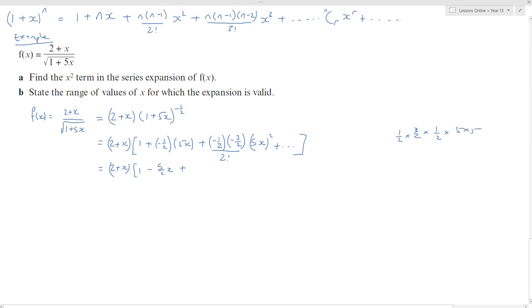Nothing cancels out, so I end up with 75 divided by 8, and that's x squared. So if I expand, multiplying by my 2 plus x, I multiply by 2 first: 2 times 1 is 2, 2 times minus 5 over 2 is minus 5x, and 2 times 75 over 8 leaves me with plus 75 over 4 x squared.